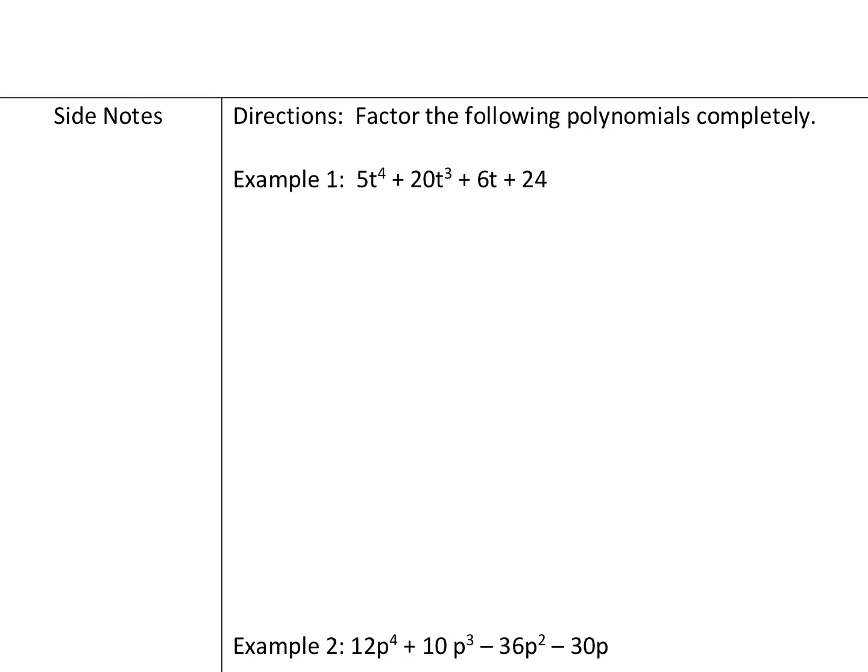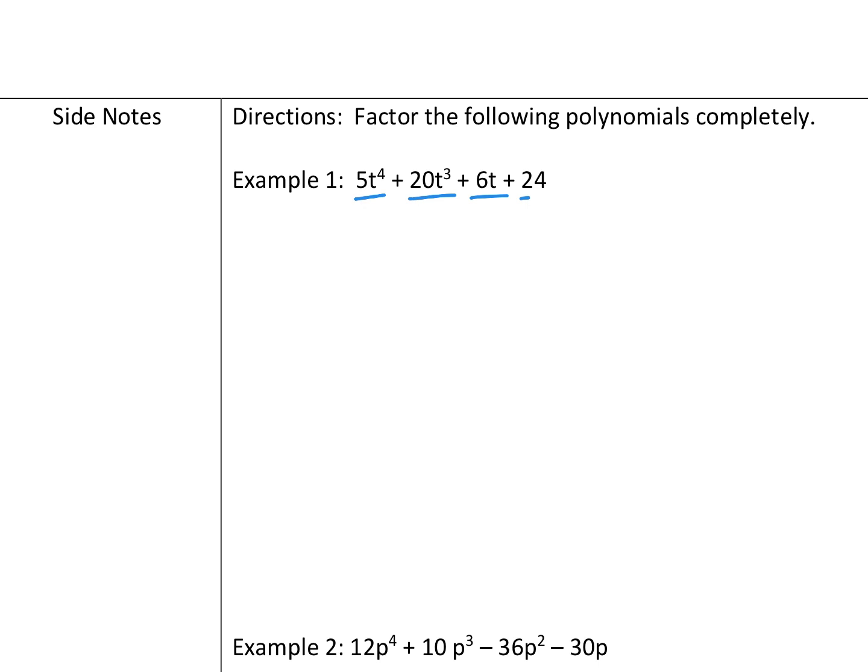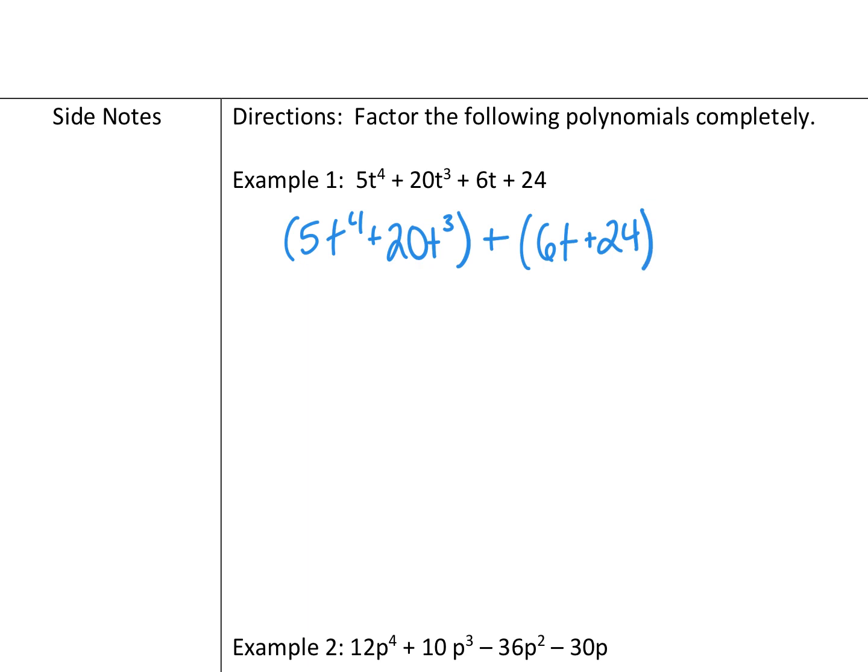So here we go. Check for a GCF. I look, I think about it. Nope, they don't have one. Okay, so I'm ready to group the first 2 together, close it, plus sign, group the second 2 together. That's step 1. Then look for a GCF. 5t to the 4th, 20t cubed. 5 and 20 both have 5. 4 t's and 3 t's, they both have 3.